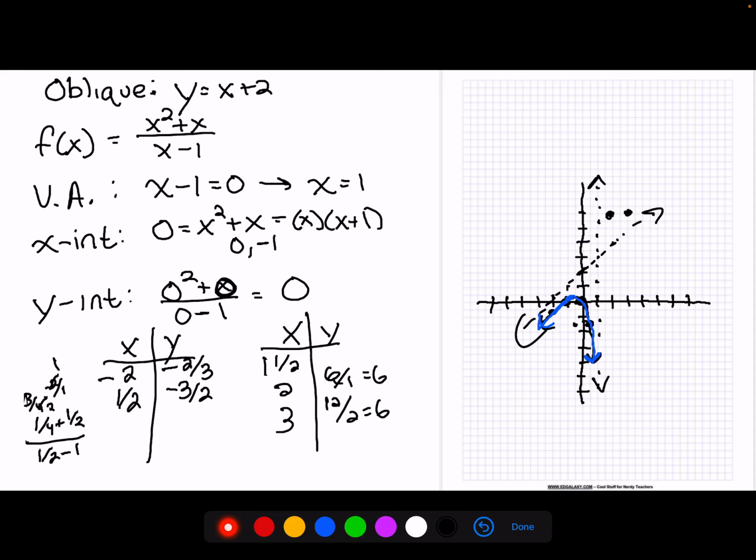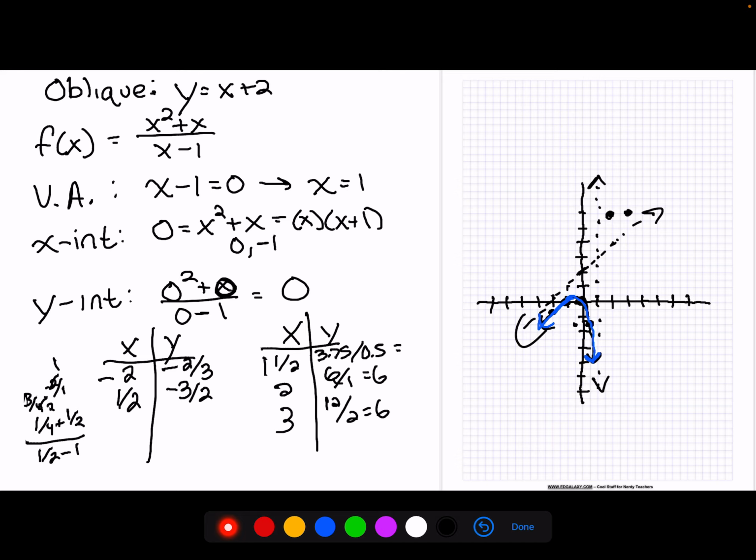Okay, and then if you look at 1.5, that's where I'm going to use the calculator. I'm going to do 1.5 squared plus 1.5, that's 3.75, over 1.5 minus 1, which is 0.5.